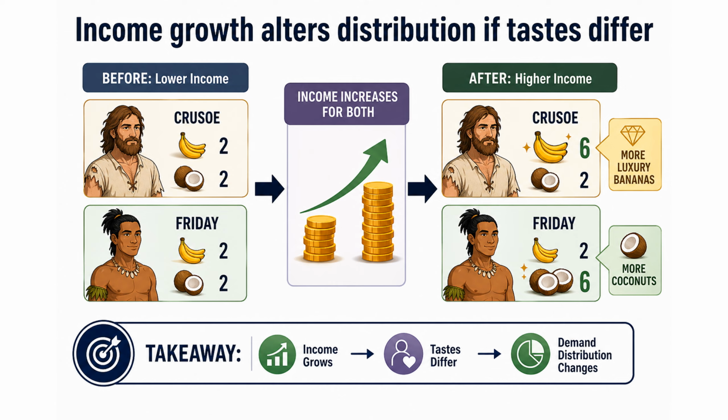For example, if both Crusoe and Friday experience a rise in income, Crusoe may buy more luxury bananas, while Friday buys more coconuts. What this example shows is that as income rises, consumers may prioritize different goods based on their preferences, leading to changes in demand distribution. Understanding how income growth affects demand is essential for businesses to tailor their offerings to changing consumer preferences. Once that is clear, we can pull the whole lecture together and see the full logic in one connected chain.